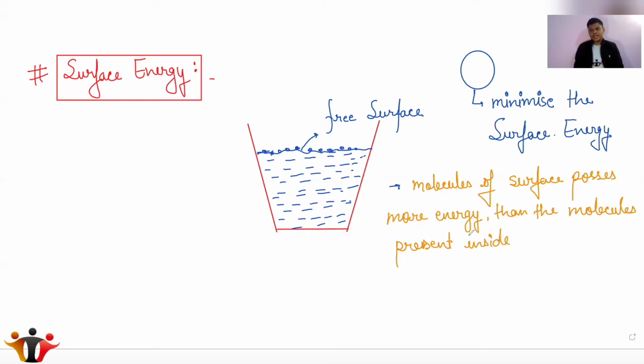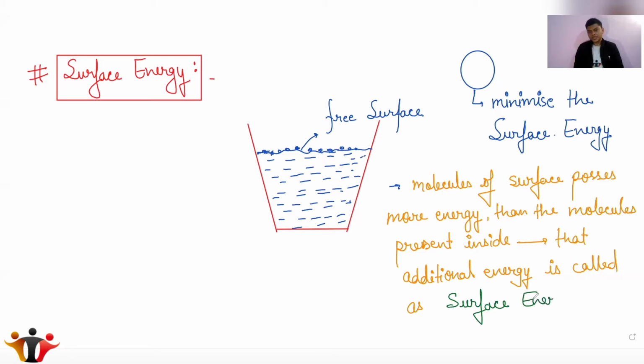That excess or additional energy, which is possessed by the surface molecules, is called surface energy. I hope you have understood.